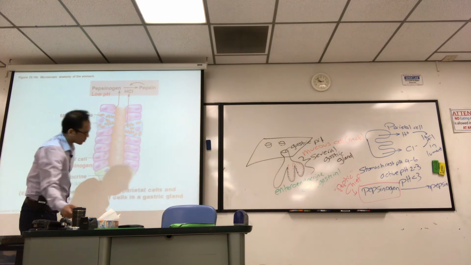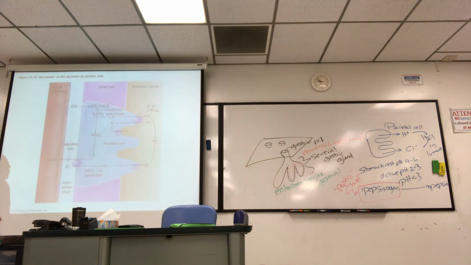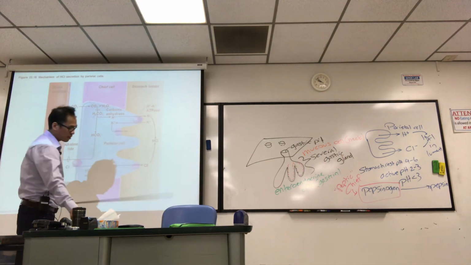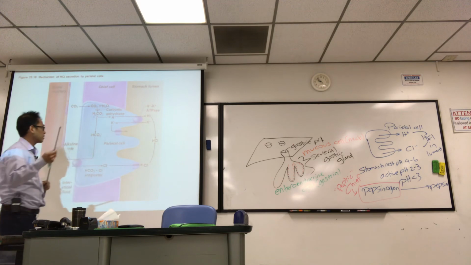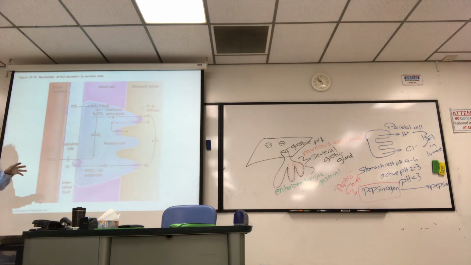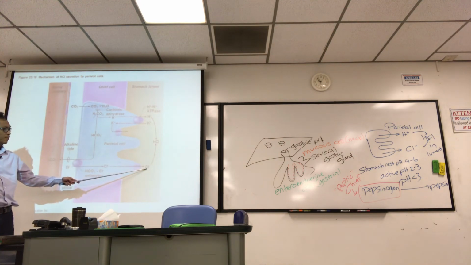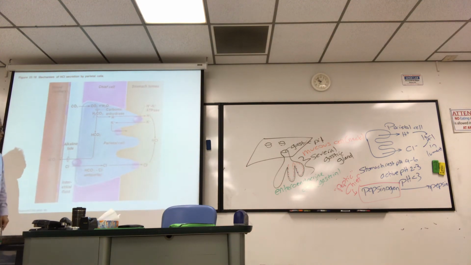Here's a close-up picture of just the parietal cell, the fuzzy pitchfork. Not only do they increase their surface area by having this fuzzy pitchfork design, they can even increase their surface area 100-fold more when they're activated. Okay, we don't need to go into that detail. Just know that they secrete the hydrogen ions and the chloride ions separately to form HCl in the lumen.